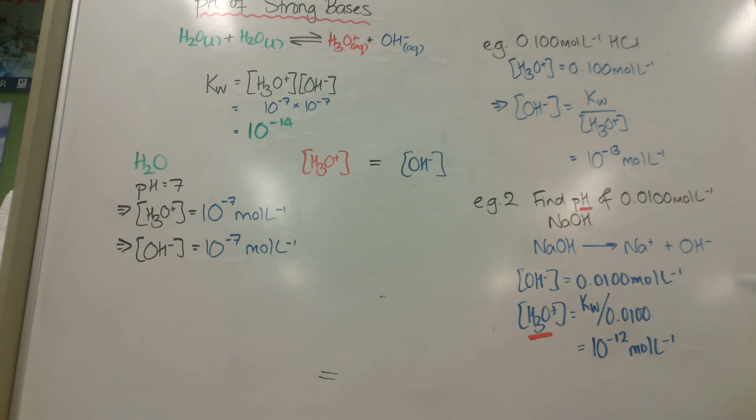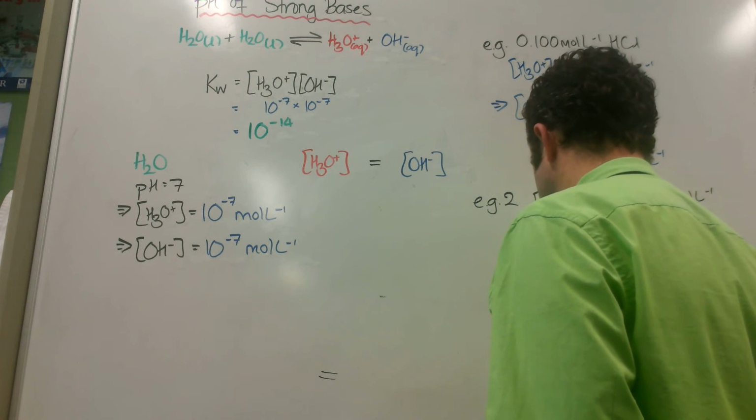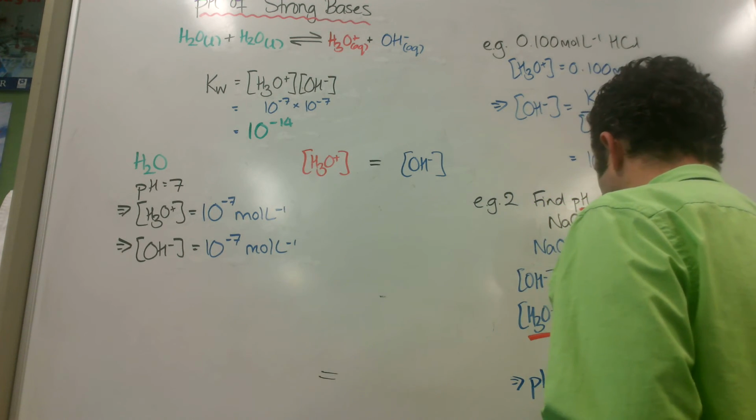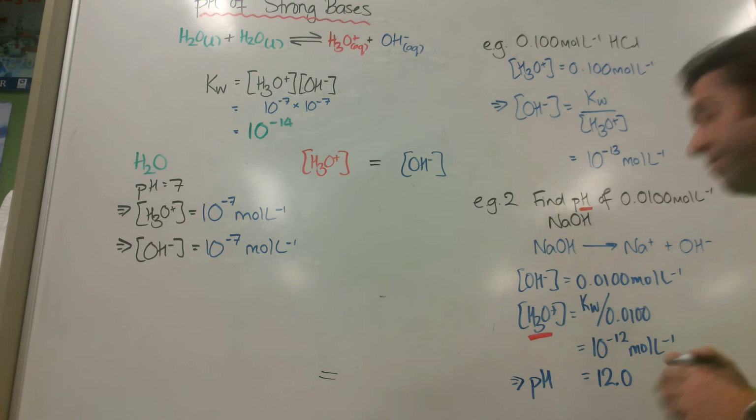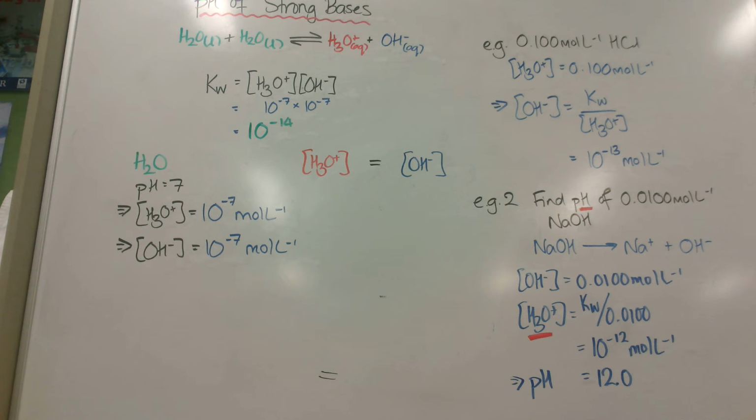Then I do the pH, which is the negative log of that number. And it'll be 12.0. Okay. There is another way to do it using a thing called pOH, and pOH and pH add up to 14. So that old adage about 14 is still useful, it's just not quite correct.